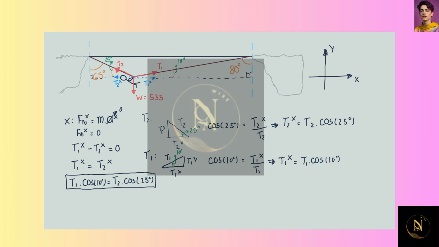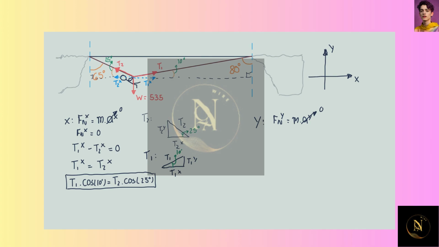For the other equation, we have to apply Newton's second law on the vertical axis. For that, let me organize my board. So I will need these triangles again, so I'll keep them there. And let me do this calculation here. So for the y-axis, the net force is given by the mass times the y acceleration, which is also 0 because the person is resting. Then the net force in the y direction is equal to 0.